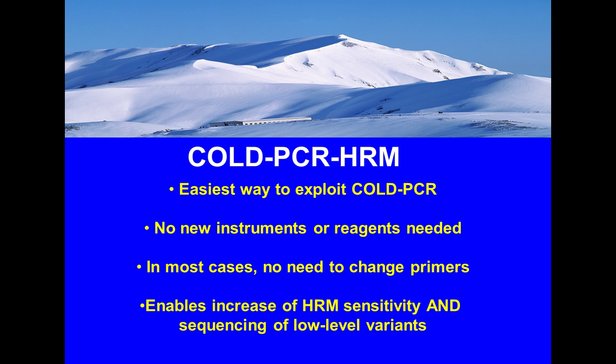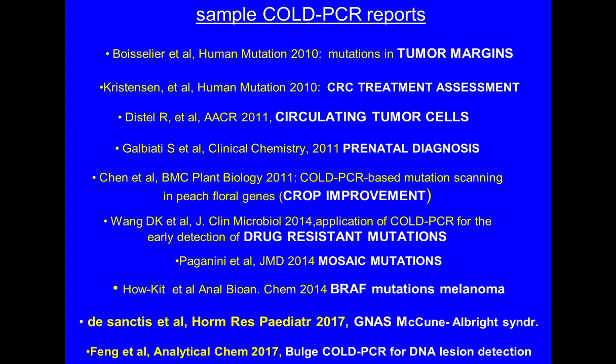So I would recommend to anybody who wants to start using COLD-PCR to combine it first with HRM to make sure everything works okay, even as a quality control test.